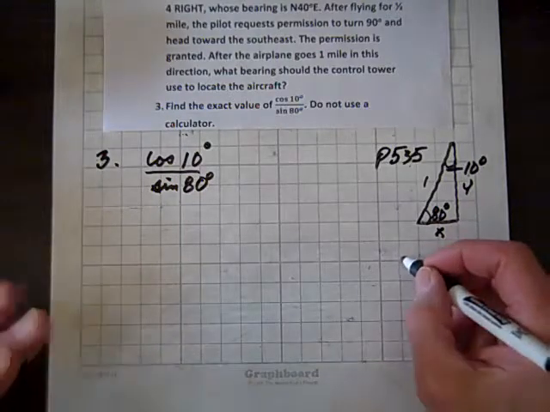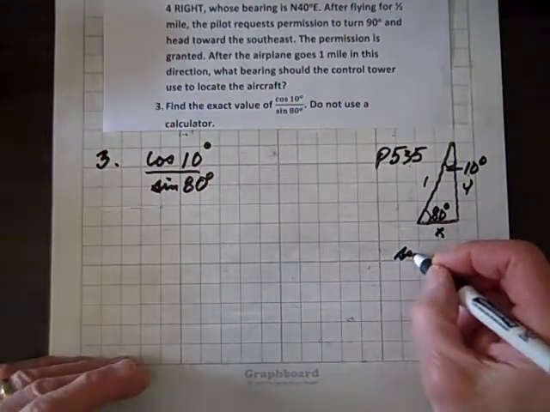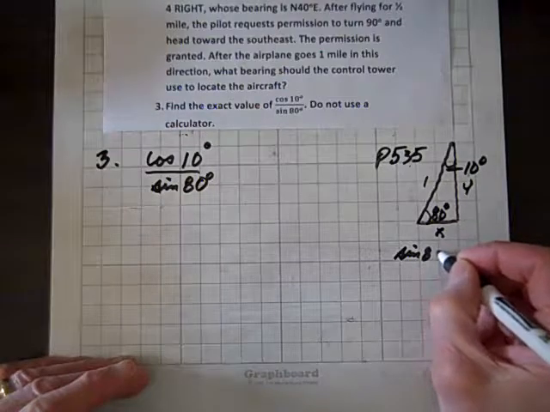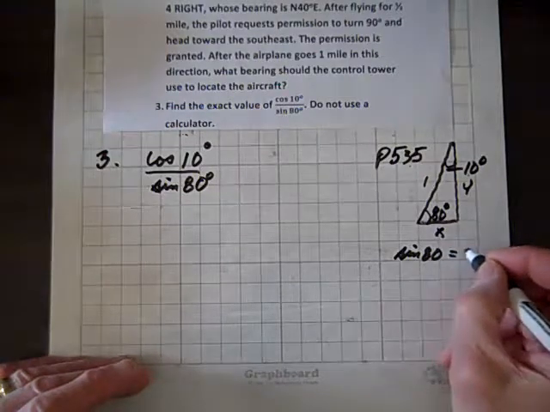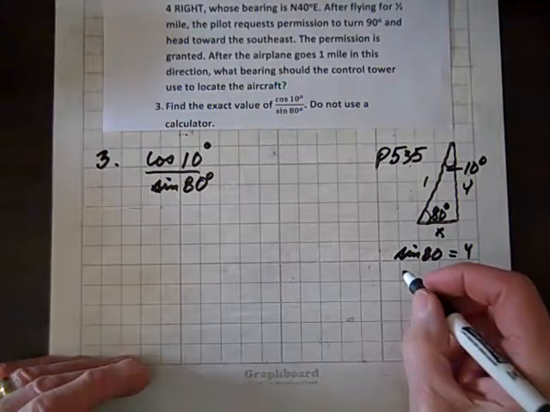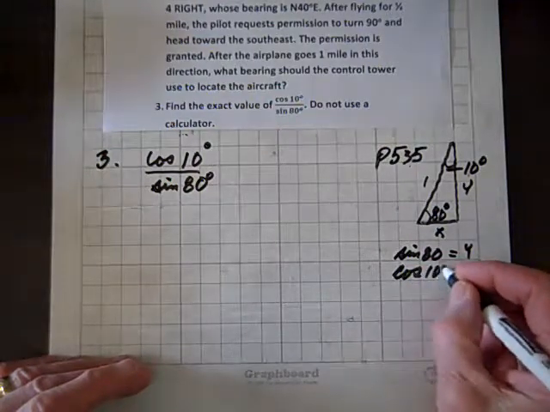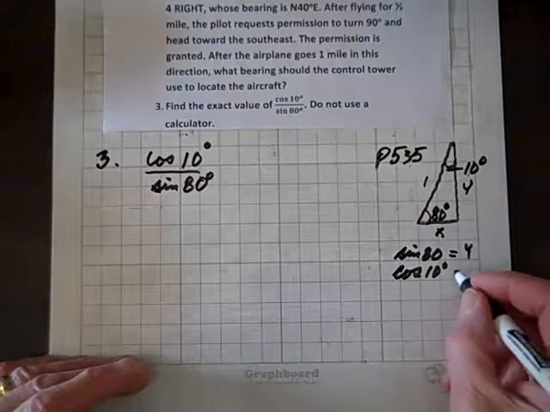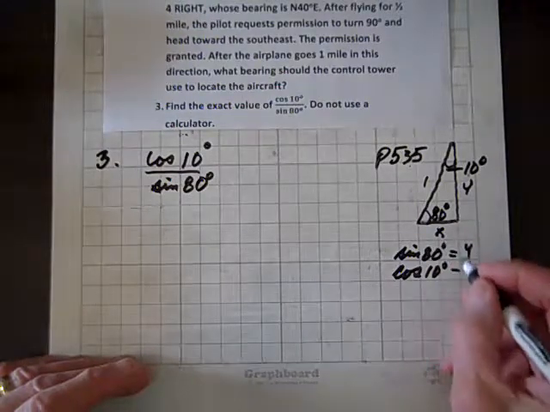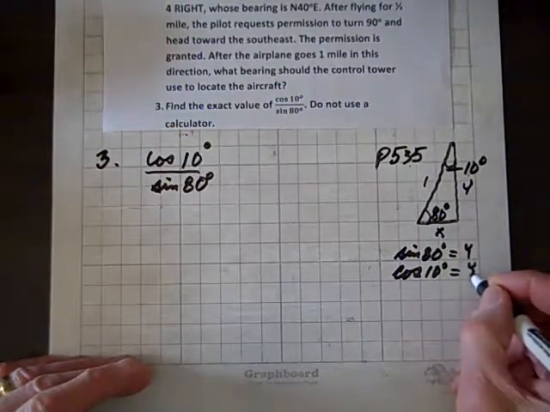And look at this. The sine of 80 degrees equals y over 1, which is y. The cosine of 10 degrees, the side adjacent, is y over 1.